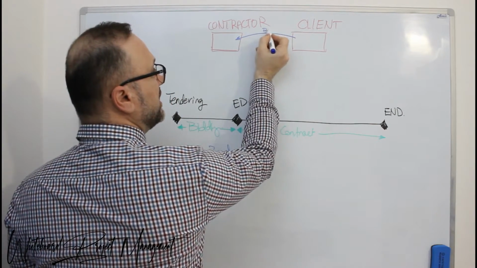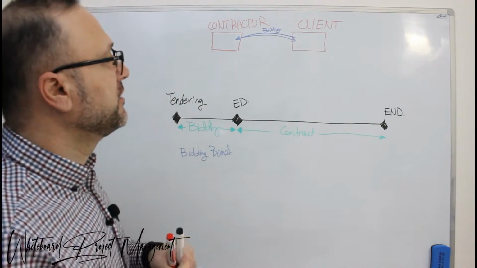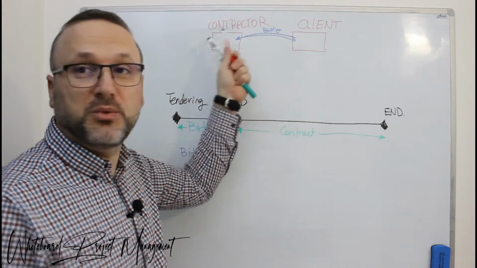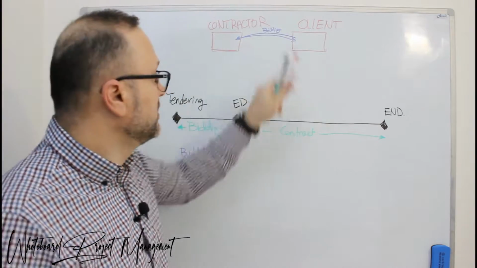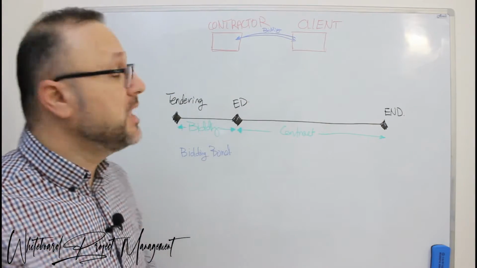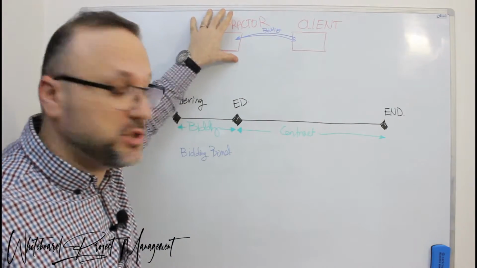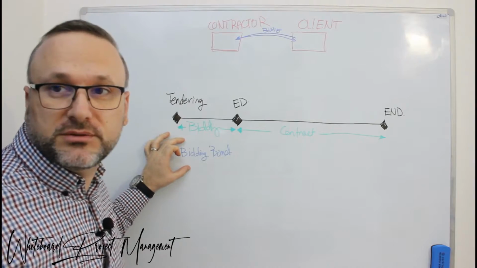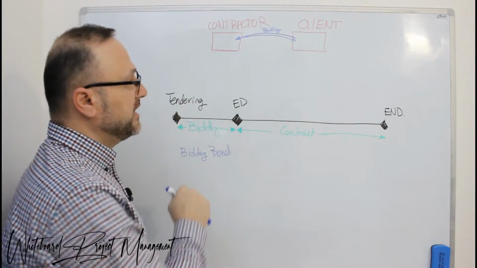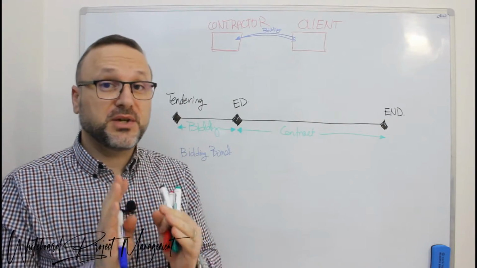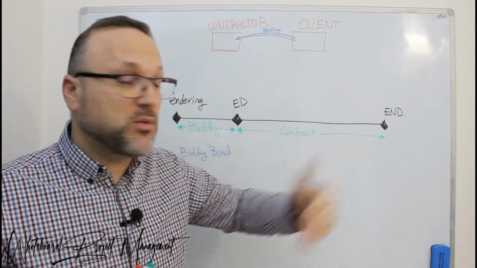So there is a bidding stage over here for the contract, and the client needs to be sure that the contractor is able to deliver this type of work. The client will request the contractor to issue the bidding bond. Now, the bidding bond is to ensure that the contractor is capable to deliver the required scope of work.